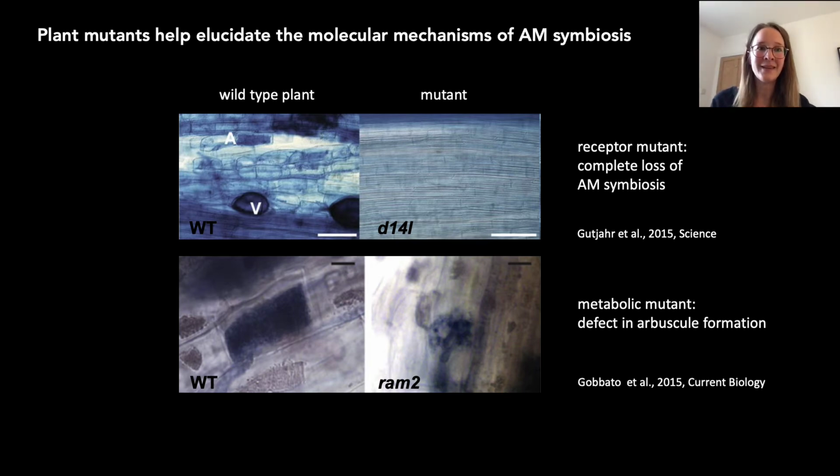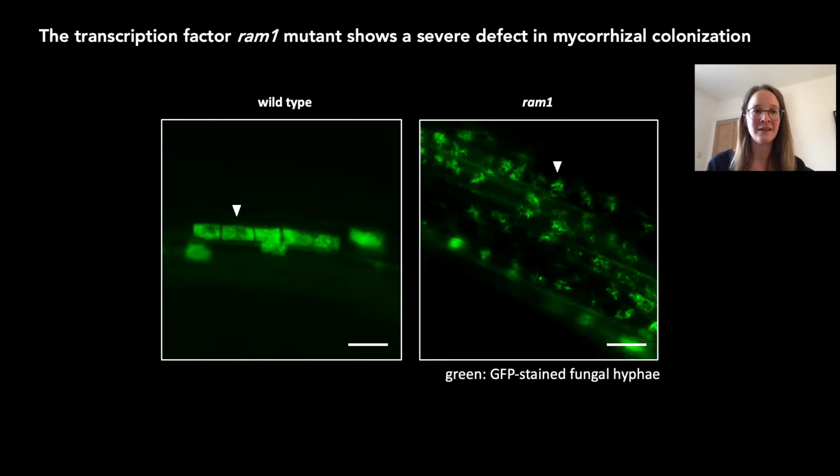And one mutant that I am particularly interested in is a transcription factor mutant called RAM1. So a transcription factor, of course, is a protein that regulates the expression of other genes. And this particular mutant here is one that I have characterized further.